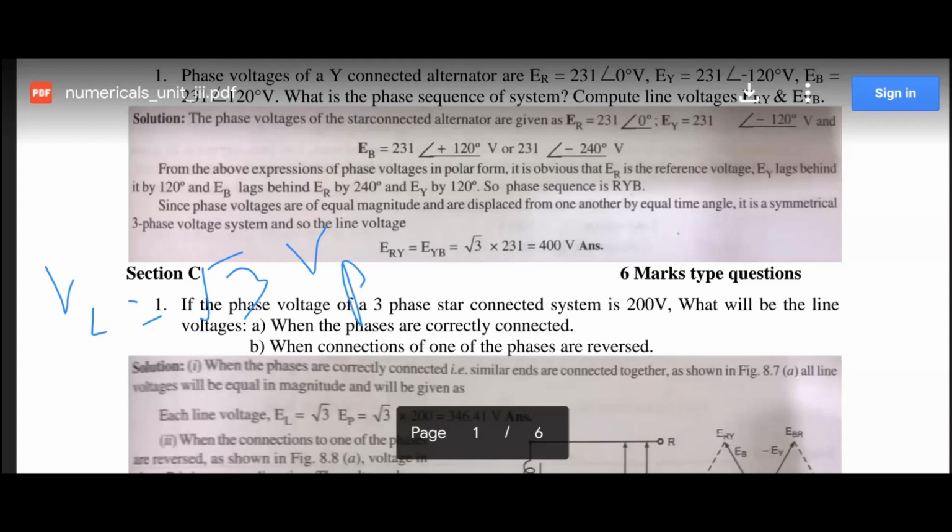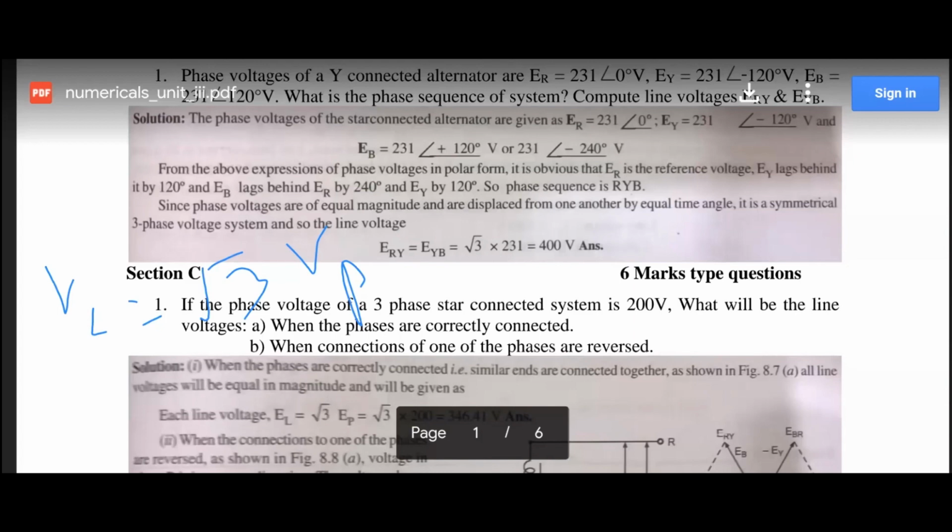Okay, so phase voltage is given to us, and when we calculate the line voltages, there are three line voltages, as explained in the phasor diagram earlier in the previous class: RY, YB and BR. Okay.